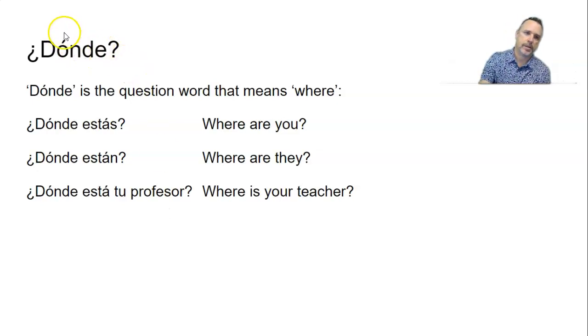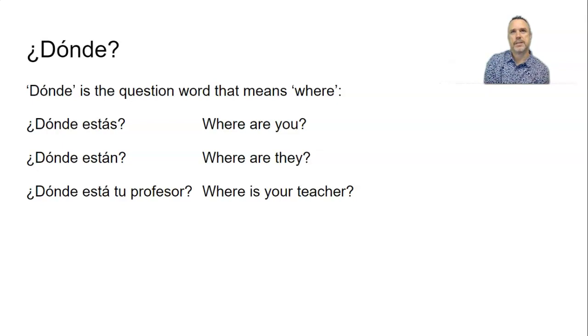If you notice, there's an accent over the O. Dónde. That's important because dónde with an accent is the question word where. Donde without the accent, that's the word where when it's not a question. And you might be thinking, well, hang on, when is the word where not a question? I'll give you an example.